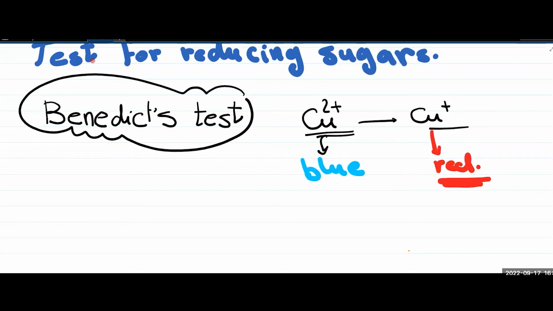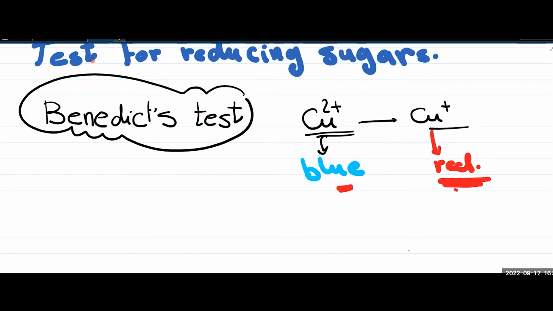So the idea of the Benedict test: I will put that reagent with glucose, and glucose will react with that reagent after heating. If the blue color changes into red, it means there is glucose. If the blue color is not changed into red, it means there is no glucose.